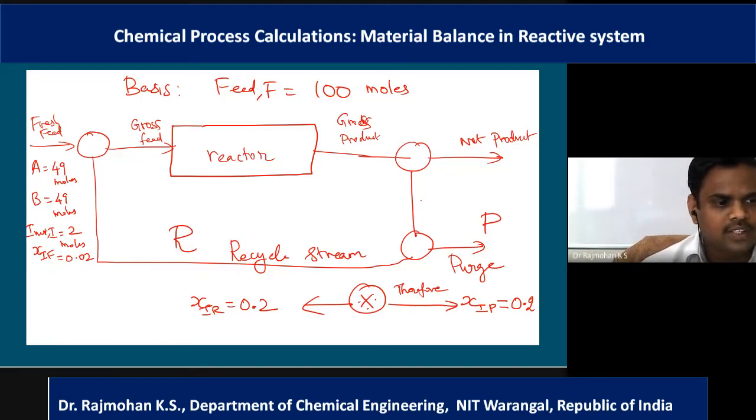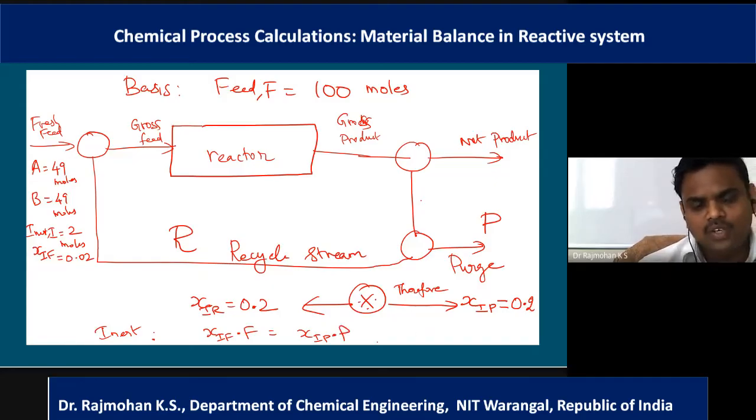Now you have XIF and you have the F value, so we can find the P value. Let us do the individual material balance for inert. XIF into F is equal to XIP into P. Here P is the only unknown.